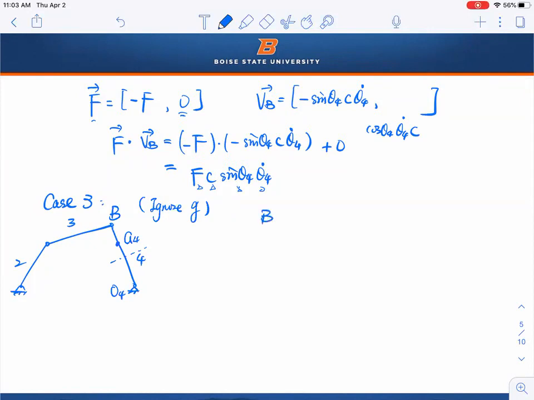We can say BG4 equals 1/4 of the total length. All right. Can you find the driving torque T input?